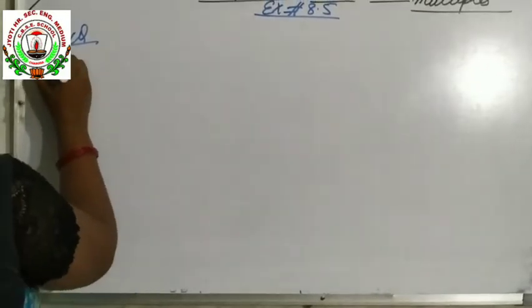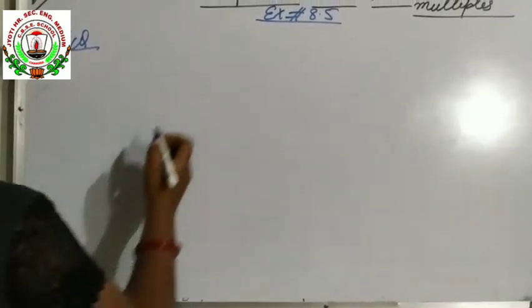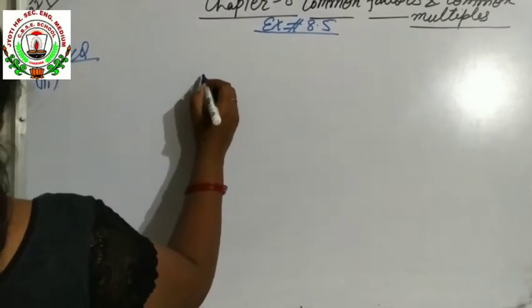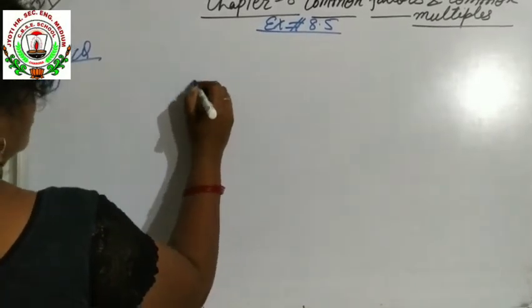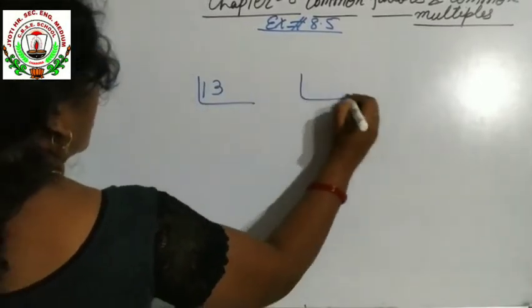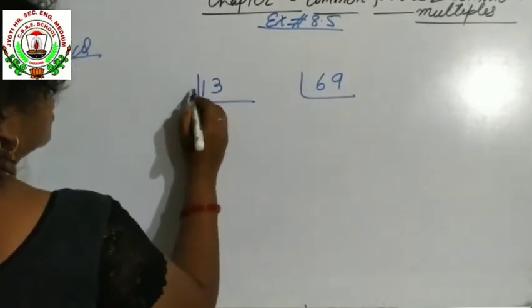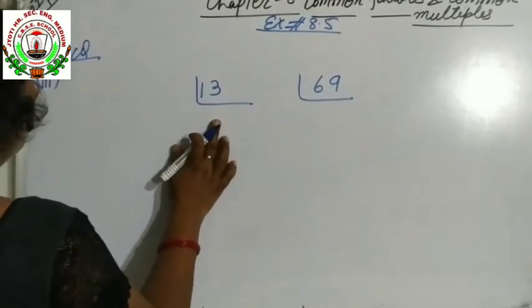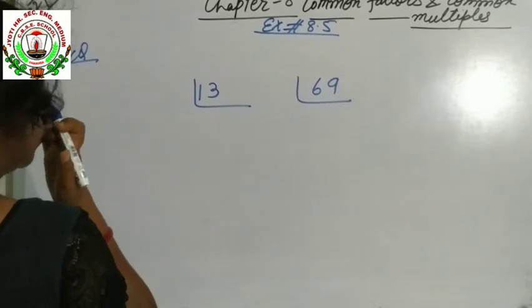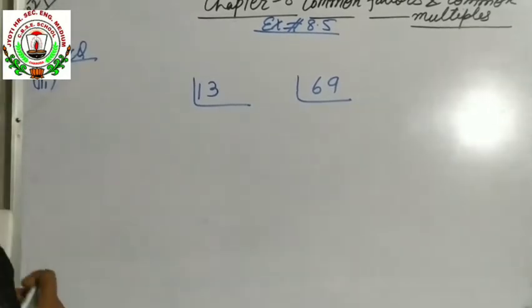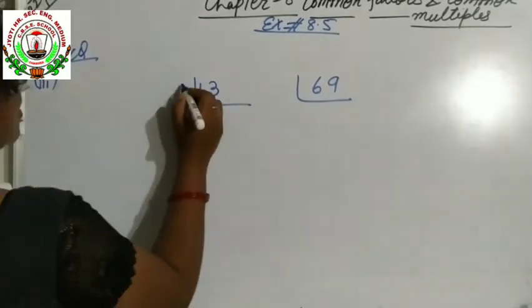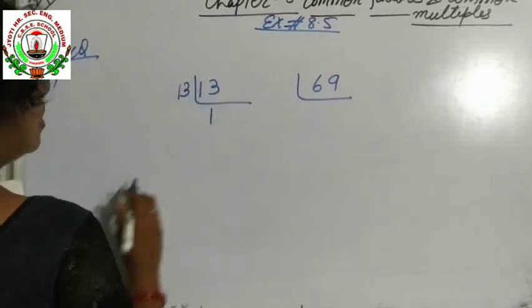Now question number 3: the HCF of 13 and 69. First we will find the prime factors of 13 and 69. 13 is an odd number, so it is not divisible by 2, not 3, not 4, not 5. It goes only by the 13 table. 13 ones are 13.